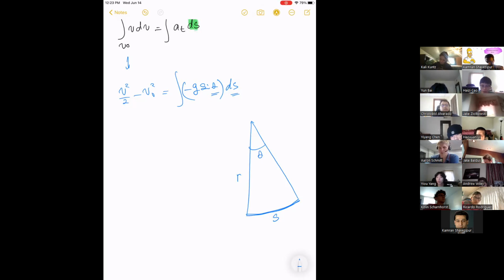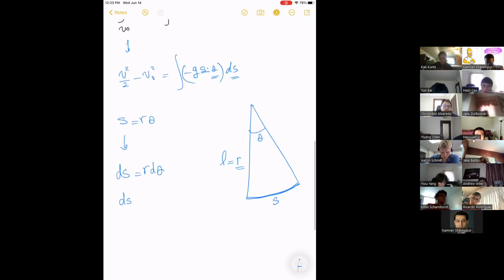Yeah. When I ask questions, it doesn't have to be complicated. I know most of you know this, but you may think of something complicated. Okay, S is R theta, right? If I take the differential, ds is going to be R d theta. And in my case, R is L. So technically, ds is L d theta.